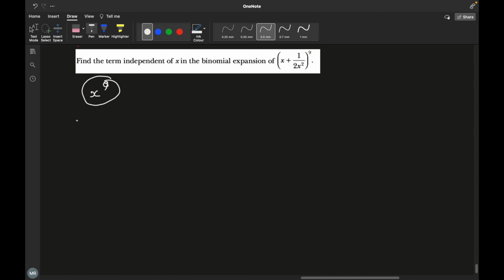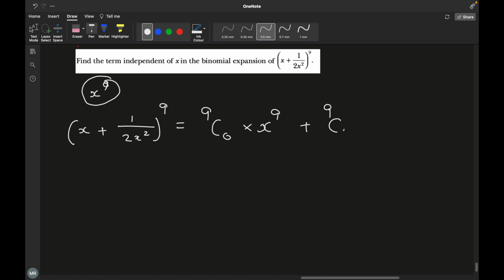Okay, let's expand this. So this is going to be 9C0 multiplied by x to the power of 9, and this is going to be to the power of 0.